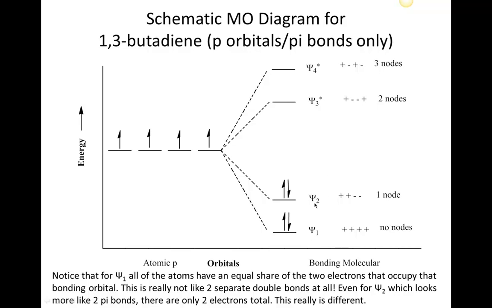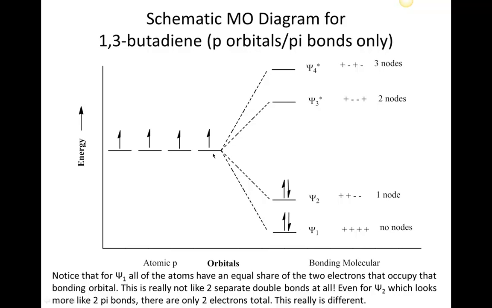And the psi 1, psi 2, and so forth are mathematical symbols to represent the calculations that people have gone through to get what these values actually are. We don't care very much about the actual values. We're not going to do the math. We just need to have an idea about the relative values of these things with respect to each other in terms of energy.